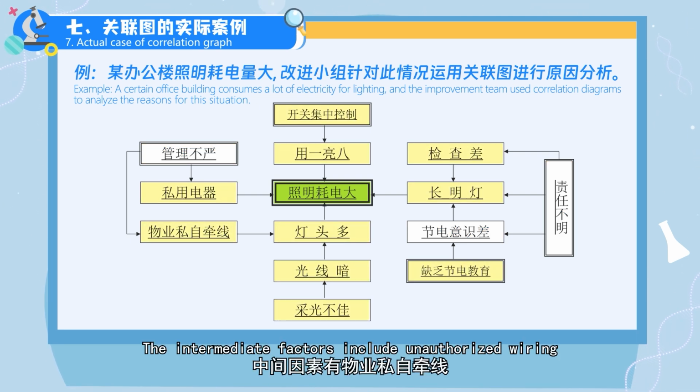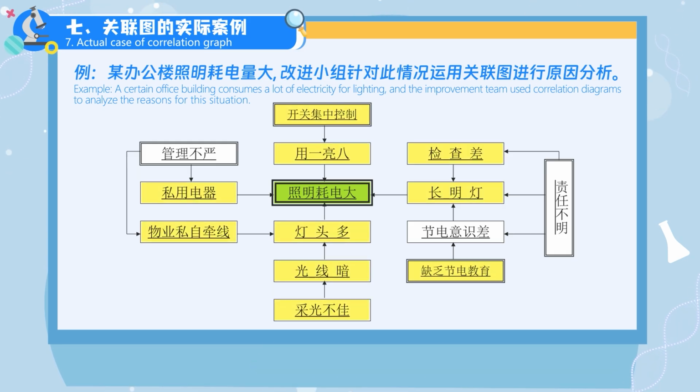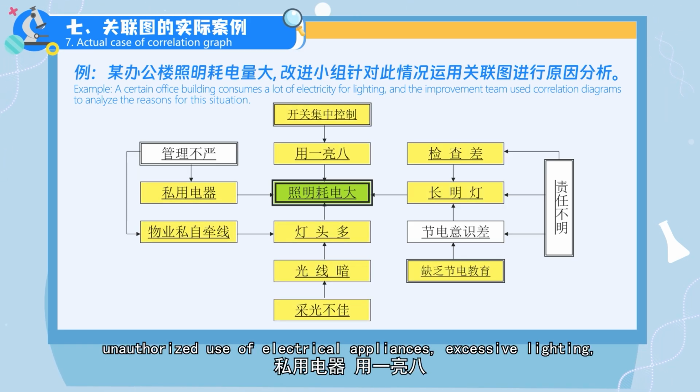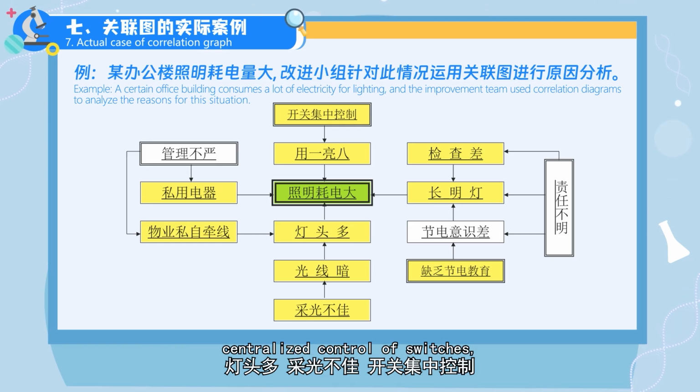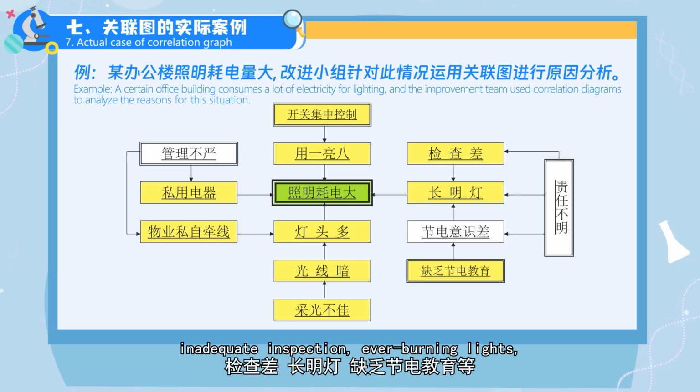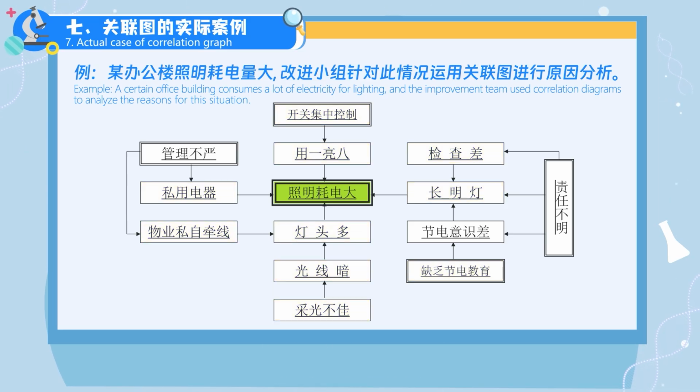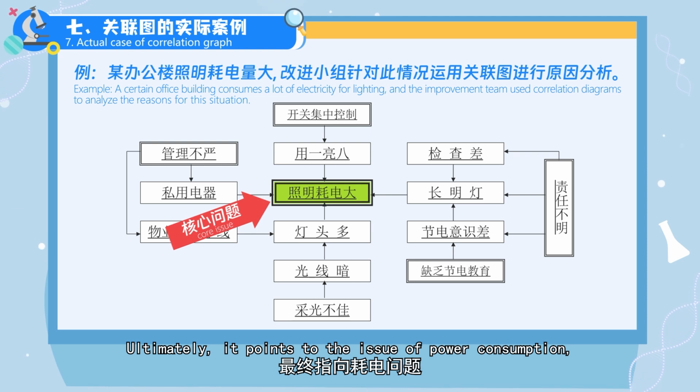The intermediate factors include unauthorized wiring by property management, unauthorized use of electrical appliances, excessive lighting, multiple light fixtures, poor lighting conditions, centralized control of switches, inadequate inspection, ever-burning lights, and a lack of energy-saving education. All factors are interrelated. Ultimately, it points to the issue of power consumption.